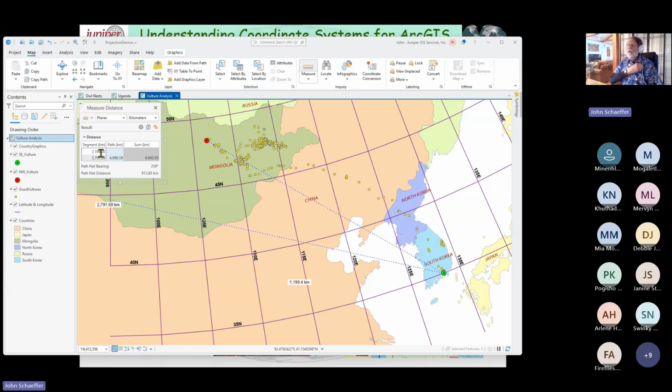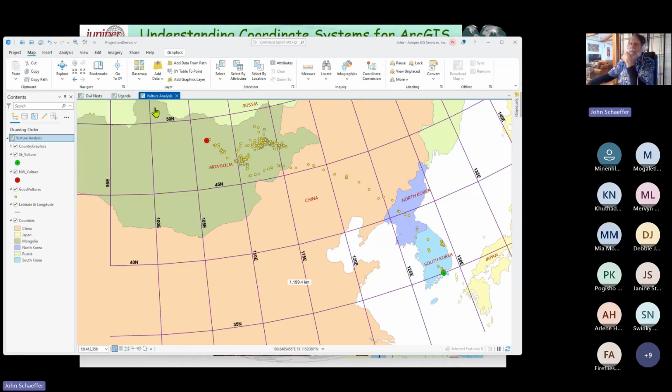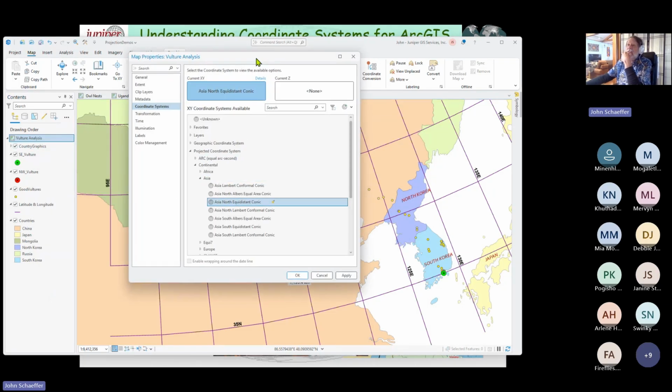So we're 123 kilometers off. Doing the math in my head. So let's see if we can do better. And I think we can. So I'm going to right click, data frame, properties, coordinate system.